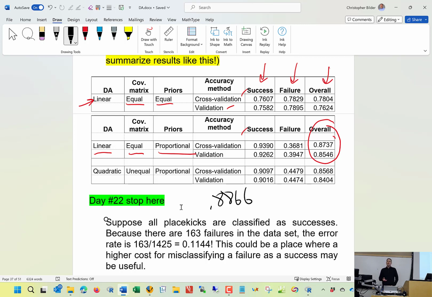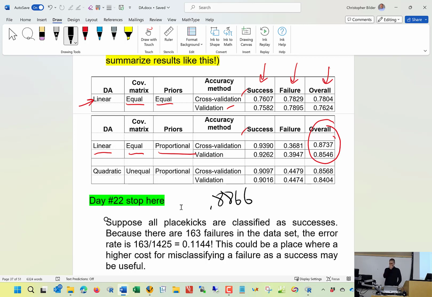So how about we just classify all our observations as successes, and voila, we have a new way to determine what kick is a success and what kick is a failure, and this gives us the highest overall classification rate. That's it. That's a lot simpler than what we just did.